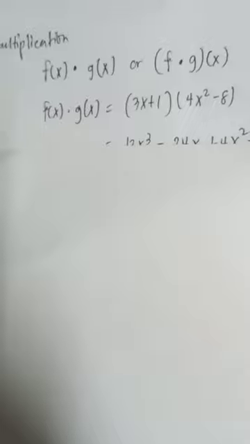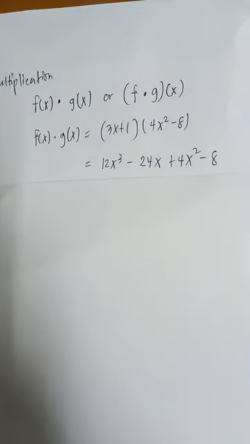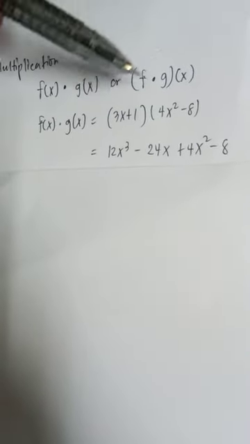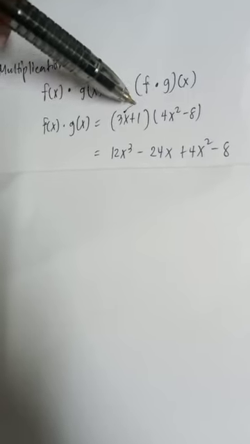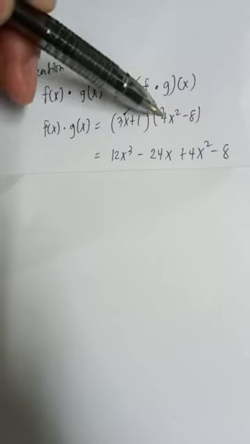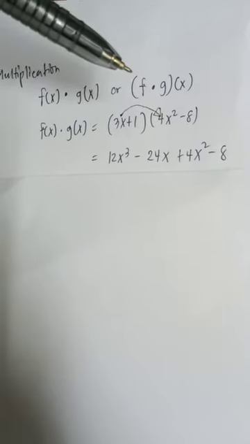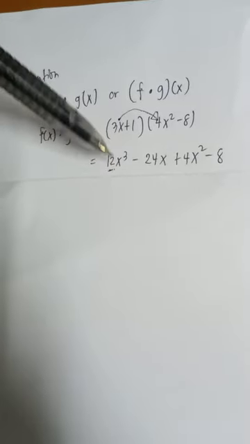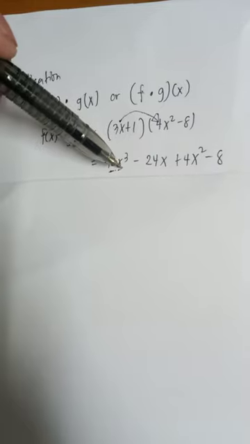So now let's try to solve. We have first FOIL method. We have the first, multiply 3x times 4x squared. We have 3 times 4, we have 12. Then x times x squared, we have x cubed.